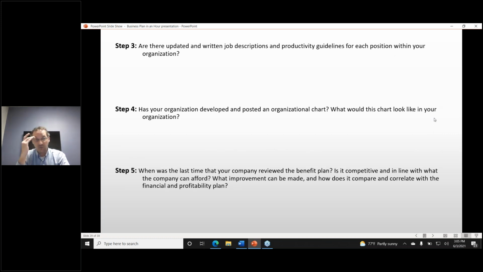Are there updated and written job descriptions and productivity guidelines for each position within your company? Has your organization developed and posted an organizational chart? What would this chart look like in your organization? Org charts can be very interesting. It could be, I'm just a sole proprietor in my business, so I am the president and CEO.